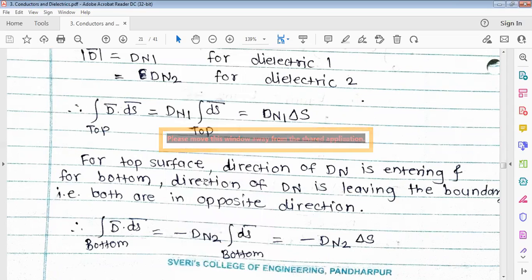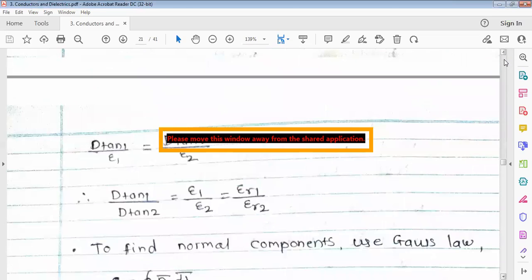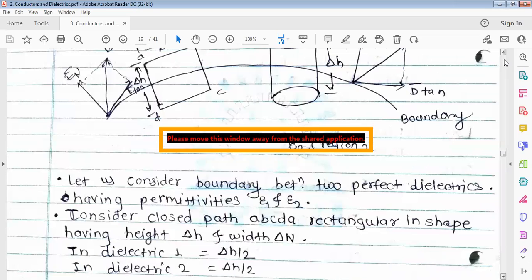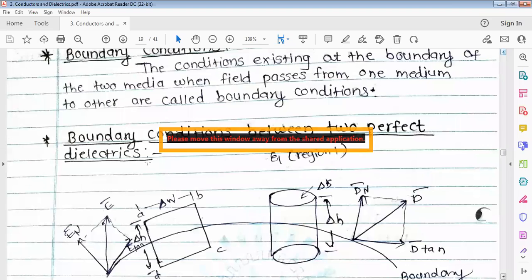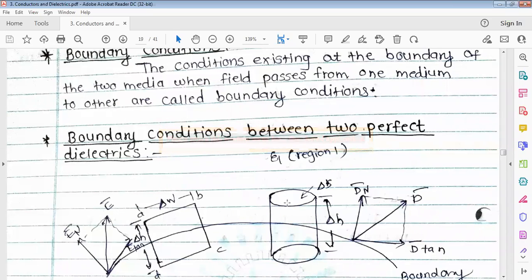Now for the top surface, the direction of dn is entering and for the bottom, the direction of dn is leaving the boundary. That is, both are in opposite direction. So just see here. When this total h tends to 0, that time this top and bottom surfaces will be at the boundary.